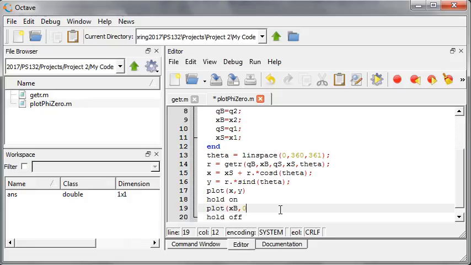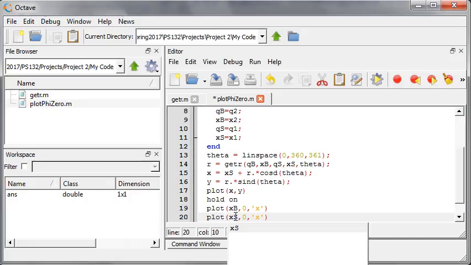Oh, and I want to put a symbol there. I think I'm going to make it an X. X marks the spot. And then I want to do the same thing with the smaller charge and put an X at that spot too.